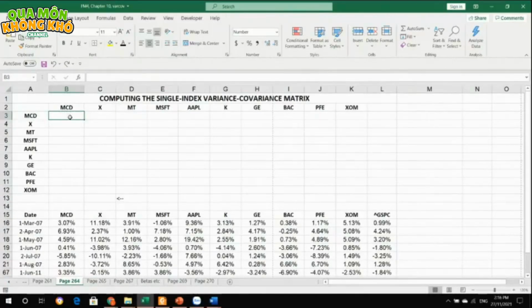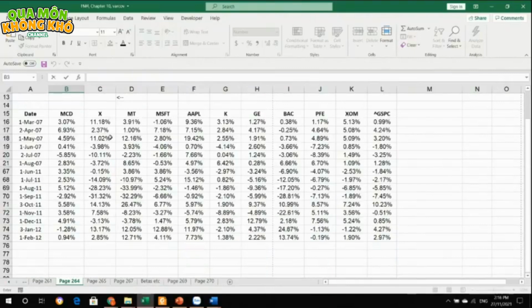This sheet, yes. So you can see here we have the return of many stocks with the GSPC. What is the GSPC? You can see this is the index representing all stocks in the market. So you need to calculate the beta of those stocks. That's the first step, how to calculate the beta of those stocks.